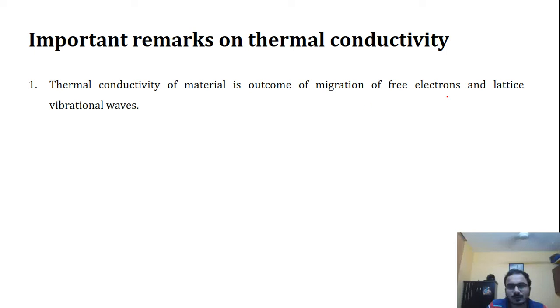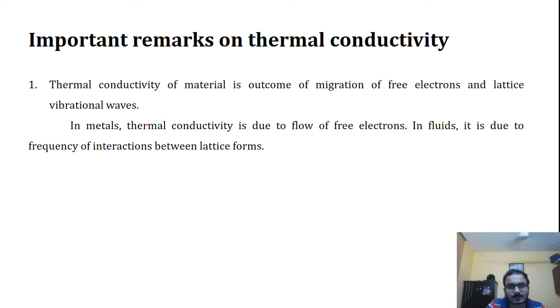First is migration of free electrons and lattice vibrational waves. In case of metals, thermal conductivity is due to the flow of free electrons, and in fluids it is due to the frequency of interaction between the lattice.